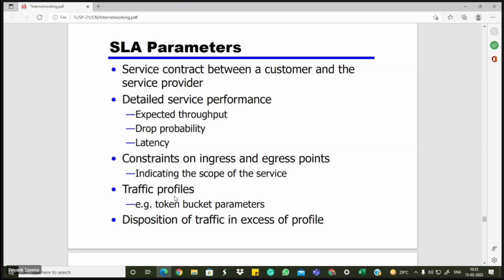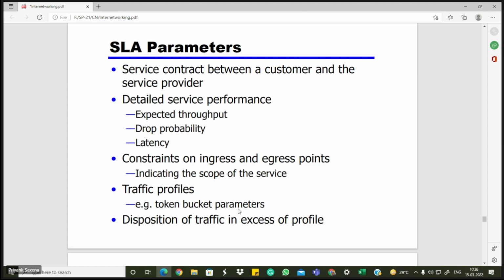Traffic profiles: traffic profiling is done using the token bucket scheme. I told you yesterday that in the token bucket scheme, a packet is allowed to pass for queuing. This is basically done for traffic shaping.